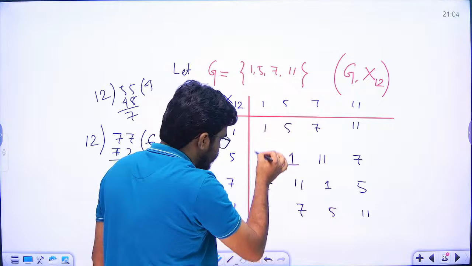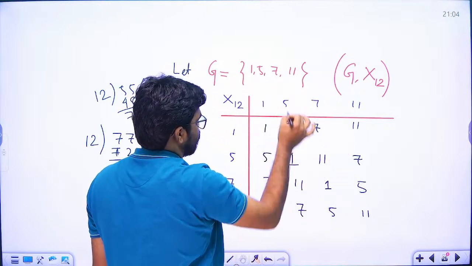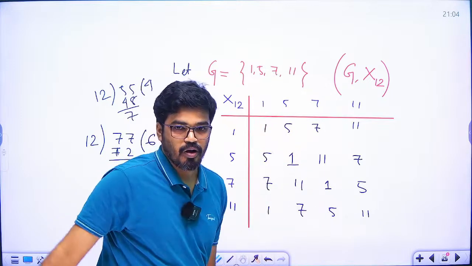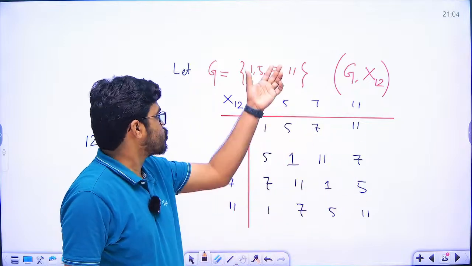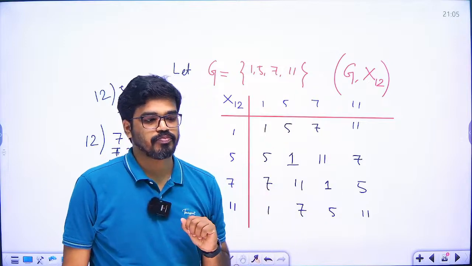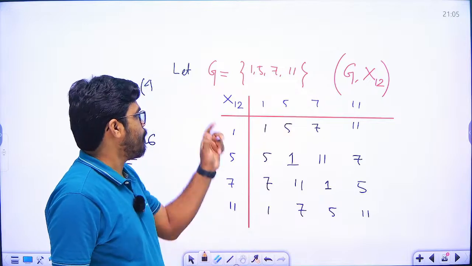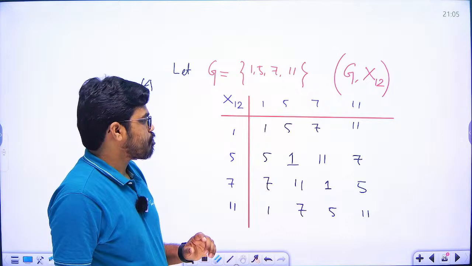Just see here, all the entries in this table belong to G, so we conclude that the closure property is satisfied. Obviously multiplication is associative, you can check it.